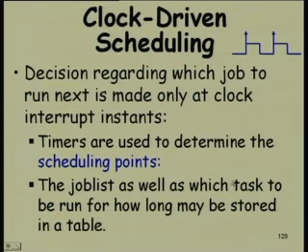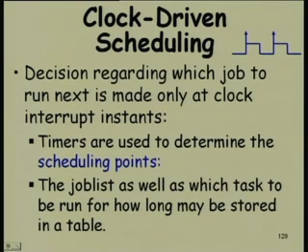Typically the schedule will be stored in a table in a clock driven scheduler. So, for the scheduler there is not too much to do. As soon as the clock interrupt comes, it just checks the status of the task that is executing. It does not even have to do that actually.